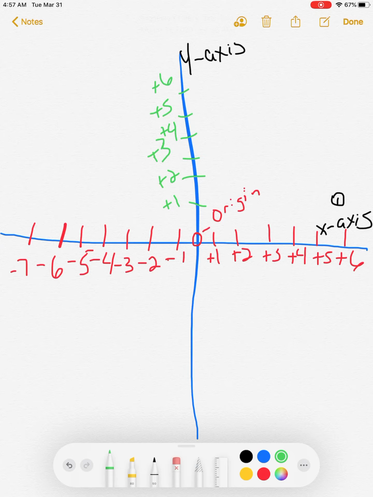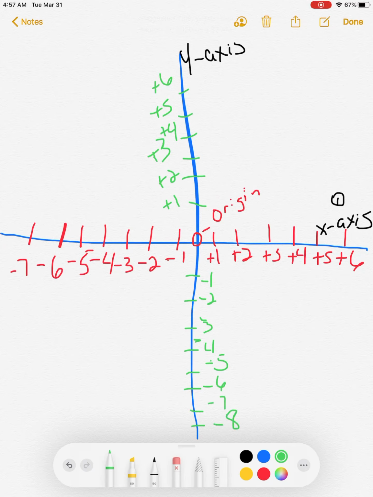Okay? And all the negative integers belong below sea level on this north and south number line. So this would be negative 1, negative 2, negative 3, negative 4, negative 5, negative 6, negative 7, negative 8.